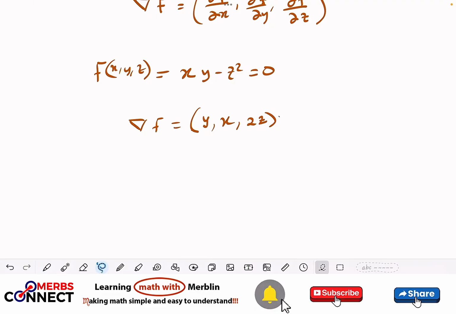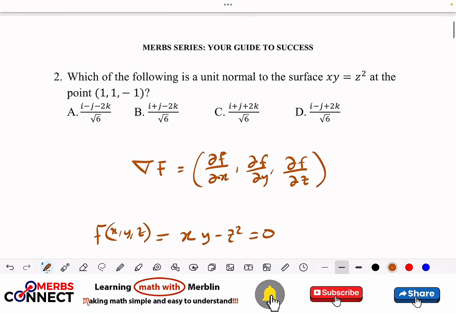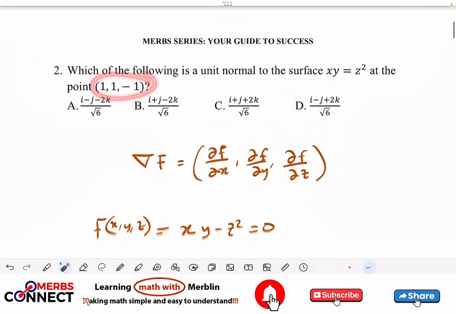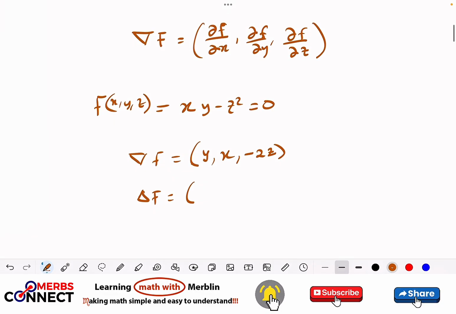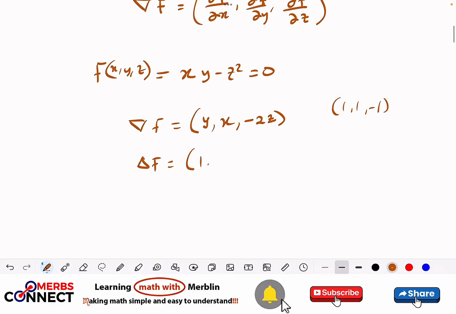Sorry, it's supposed to be minus, but there's minus in front there. Okay, so minus here. Then now what I just need to do is plug in the point, right? The point is 1, 1, minus 1. So I'm going to have 1, 1, and 2. So this is going to be my point.